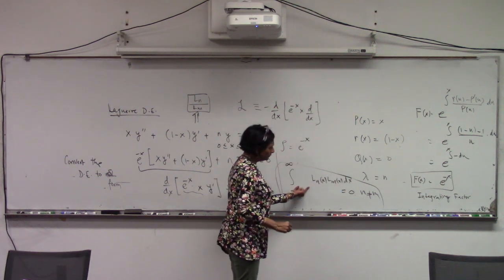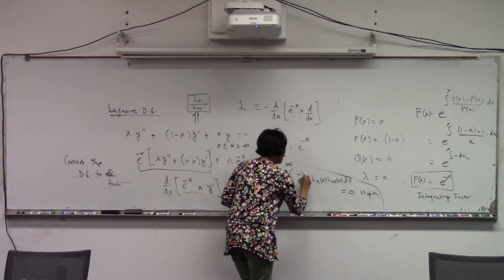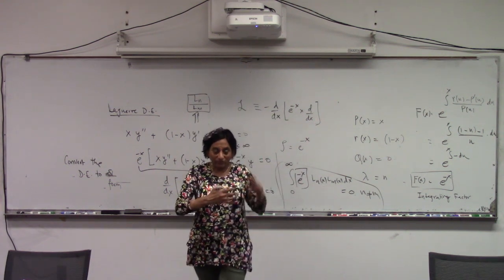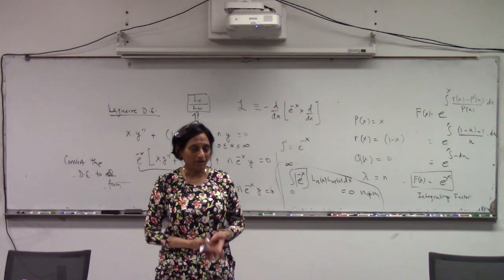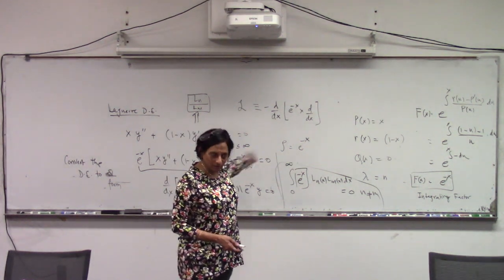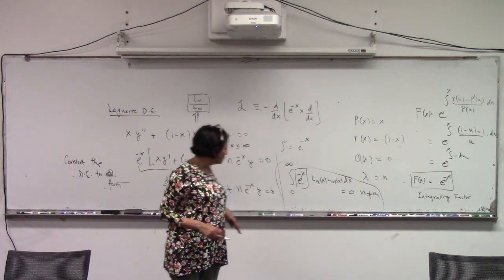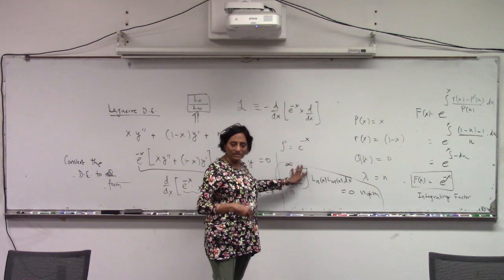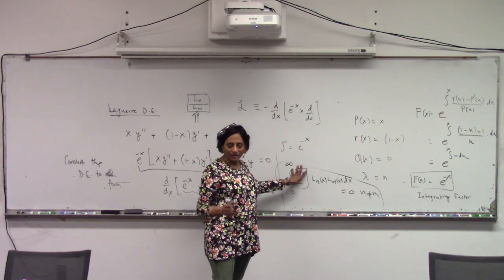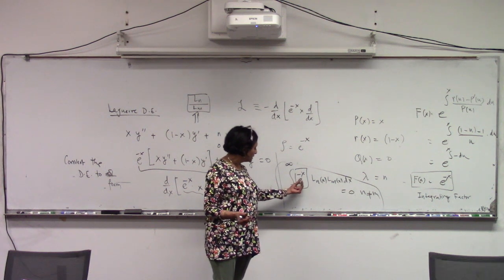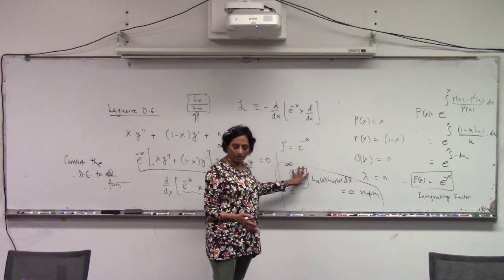What should I put here? e to the power minus x. So you will see that in the orthogonality property, this weight factor changes from one special function to another, and that's because of the integrating factor and what that leads to in terms of rho. That is the reason why for the Legendre polynomial, since it's automatically in the Sturm Liouville form, this weight factor rho is 1.